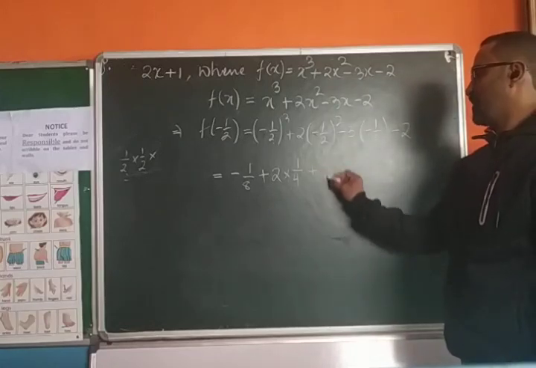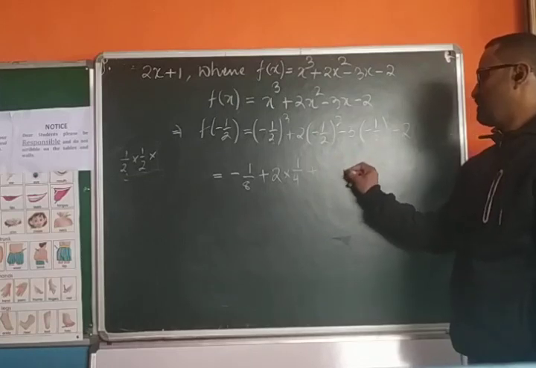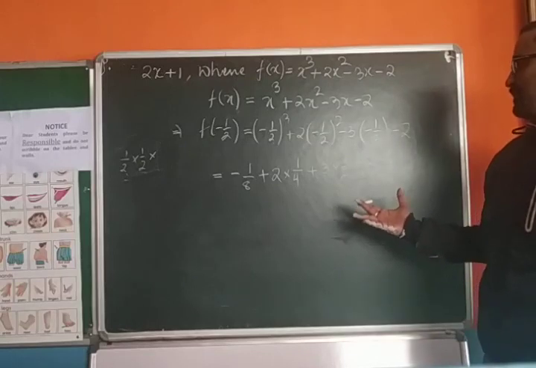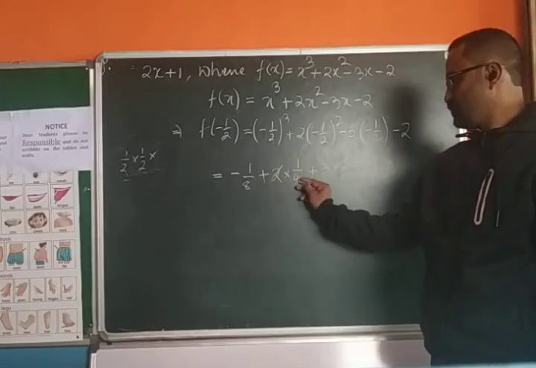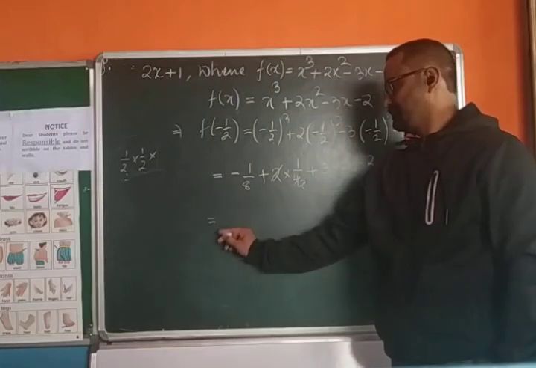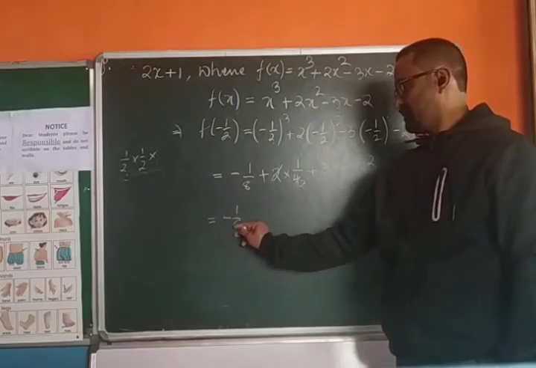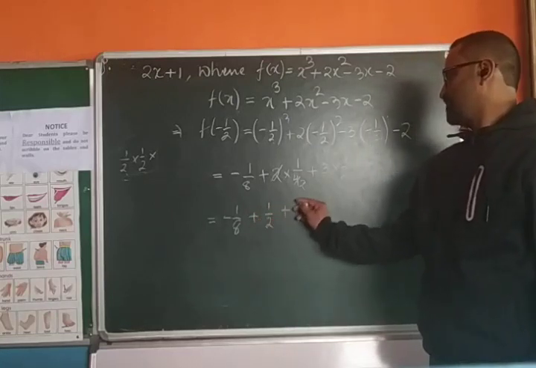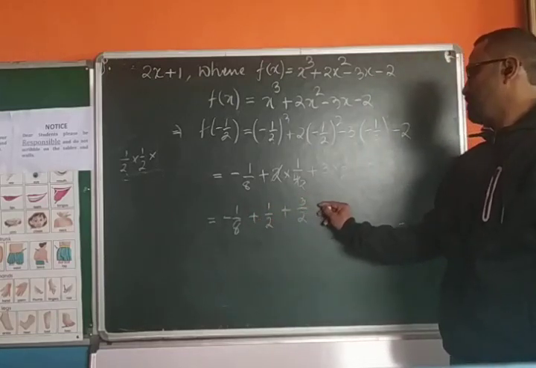Minus into minus is plus. 3 into 1 by 2, minus 2. Simplify this. You can cancel 2 times. You'll be left with minus 1 by 8 plus 1 by 2 plus 3 by 2 minus 2.